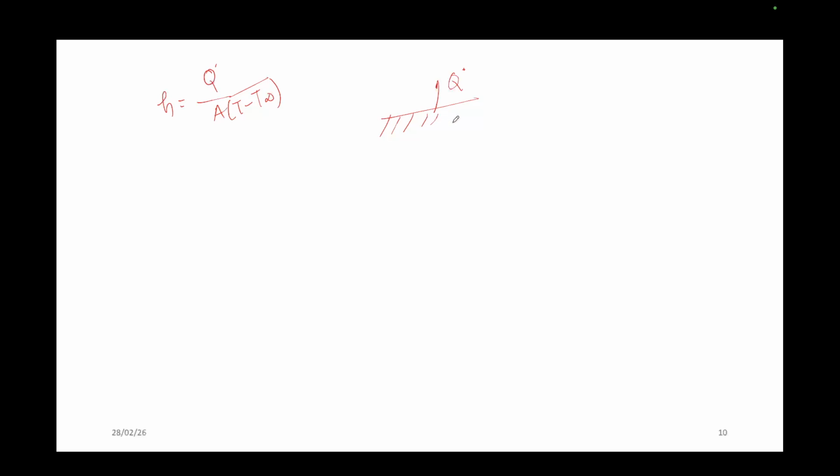The area should generally be perpendicular, and also per unit temperature difference. What temperature difference? The temperature difference between the surface and the liquid. Okay, so that is the definition of h.